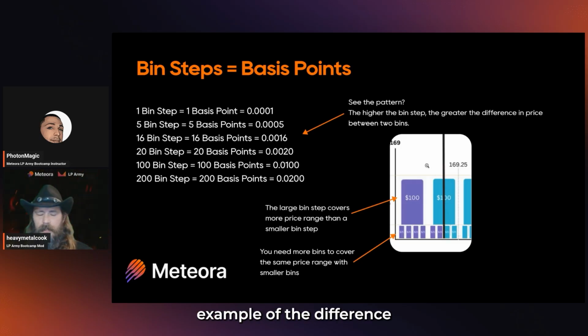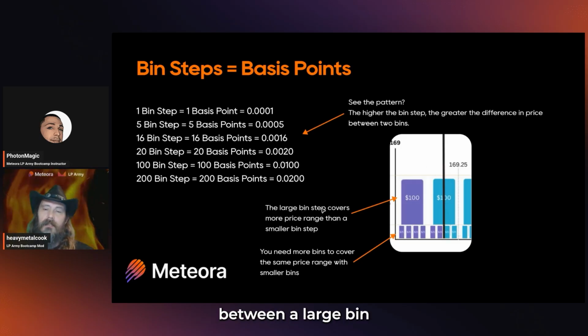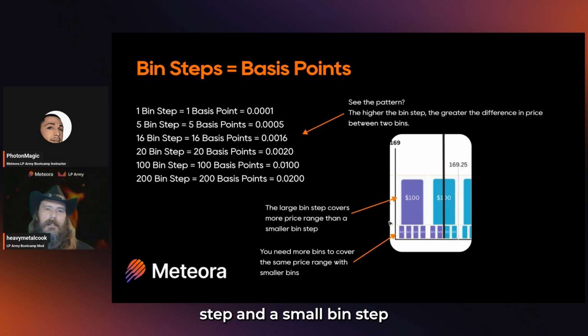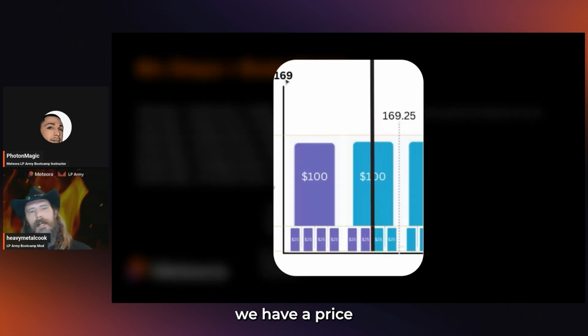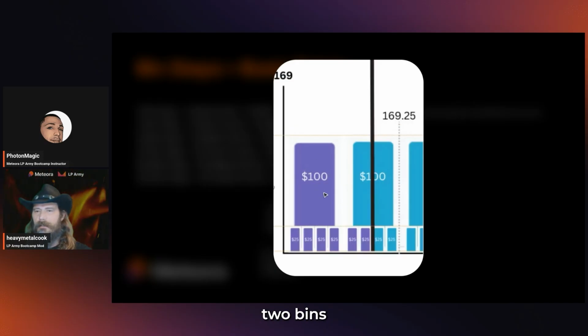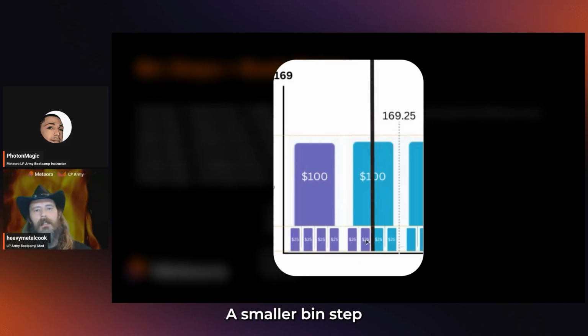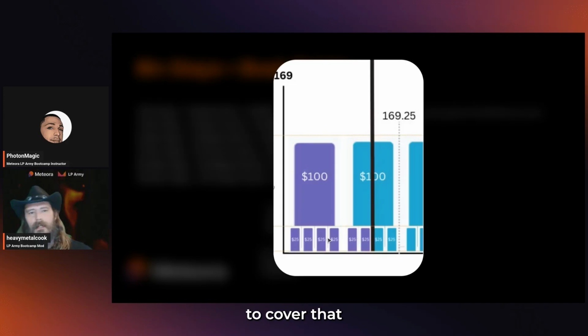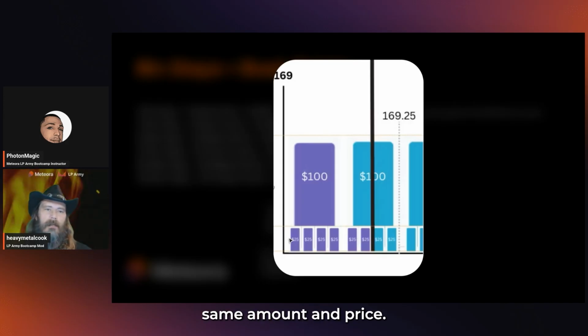Here's a visual example of the difference between a large bin step and a small bin step. We see we have a price range of 169 to 169.25. The large bin step only required 2 bins to cover that difference in price. A smaller bin step requires 8 to cover that same amount in price.